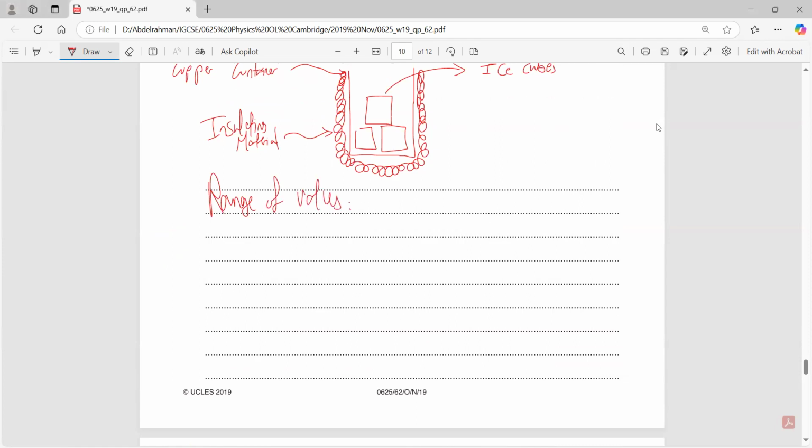Range of values: you have the different insulating materials, such as cotton, wool, plastic, wood. For example, you get a wooden container which is exactly the same size, or you can say glass, polythene, whatever you can come up with. These are the different insulating materials.